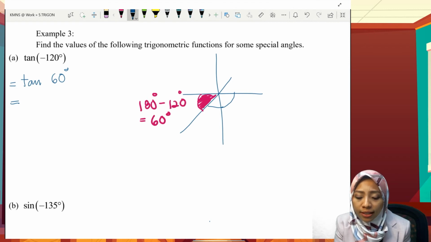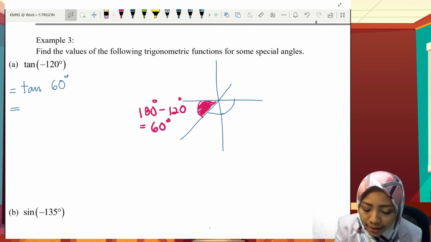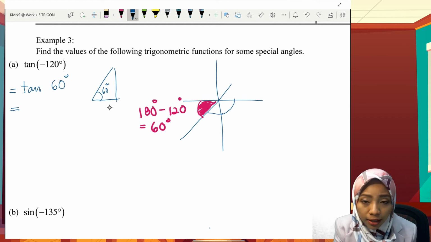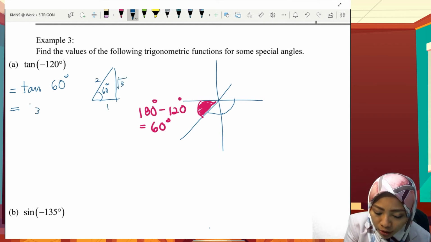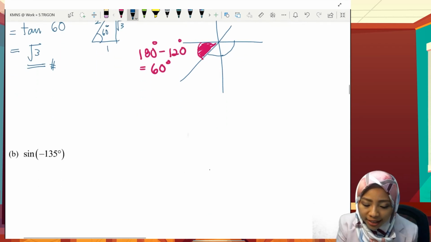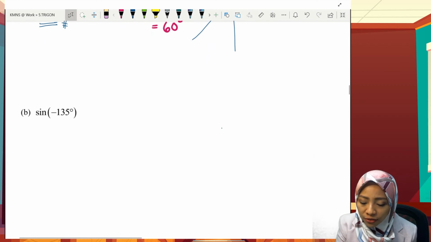Okay, tan 60. What is tan 60? 60 is over here, and tangent is root 3. Okay, and then sin negative 135.